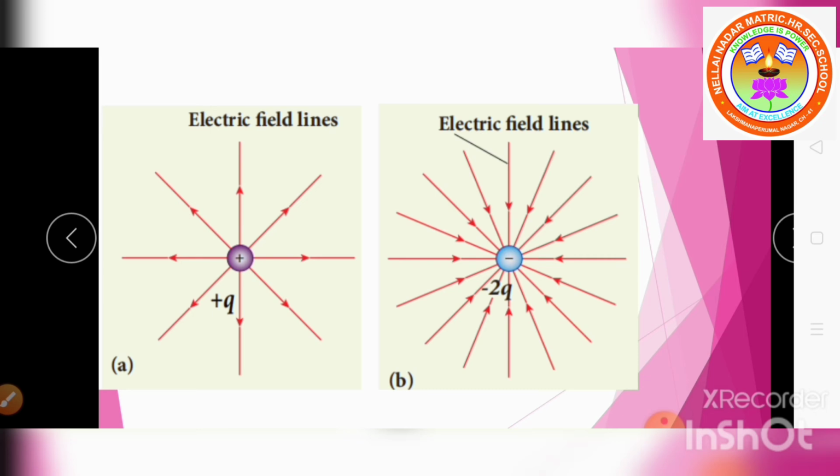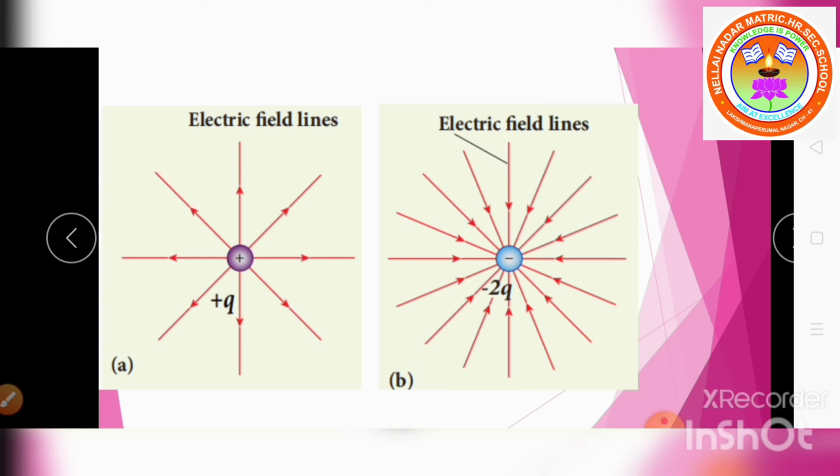If you see these two examples, the magnitude of the second charge is twice that of the first charge. The number of field lines drawn for minus Q is twice that for the charge plus Q. So from this we can understand that the number of electric lines that emanate from the charge is directly proportional to the magnitude of the charge.